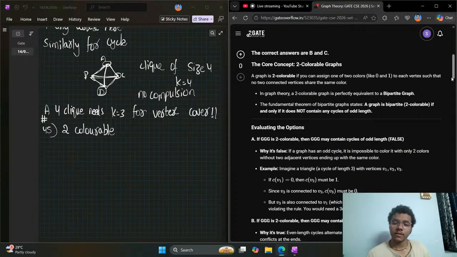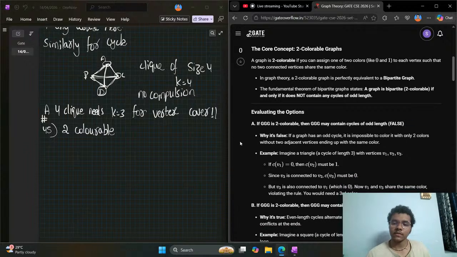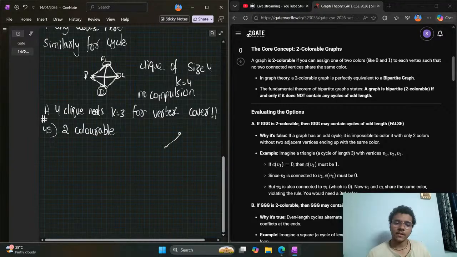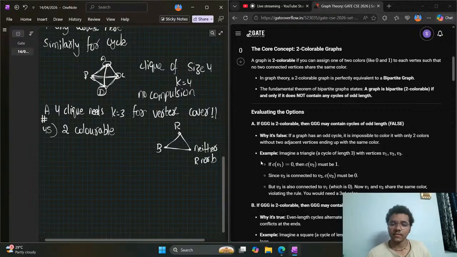If a graph has an odd cycle, it is impossible to color it with only two colors without adjacent vertices ending up in the same color. For example, this is an odd cycle, and if you put R and then B, you can't put neither R nor B. So odd cycle is false.